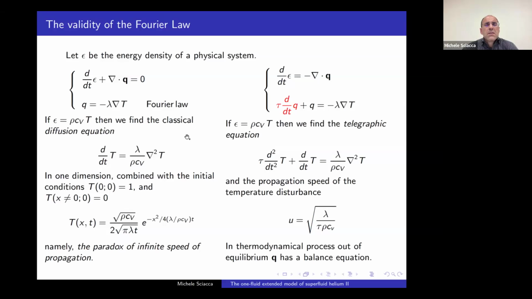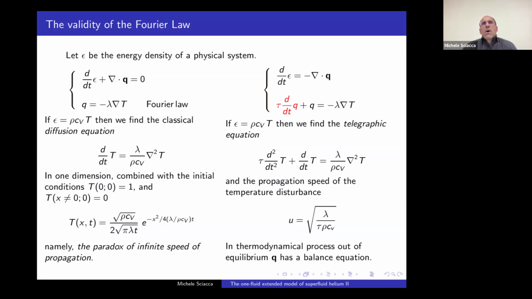It's a classical mathematical problem. So if you assume that epsilon depends only on the temperature, you arrive at the parabolic equation. It's an equation in which the variation of temperature in time is proportional to the Laplacian of T.